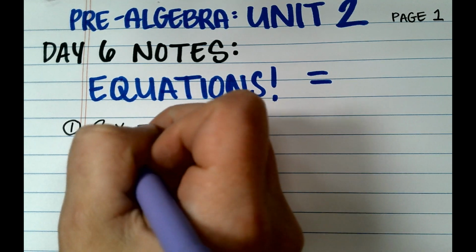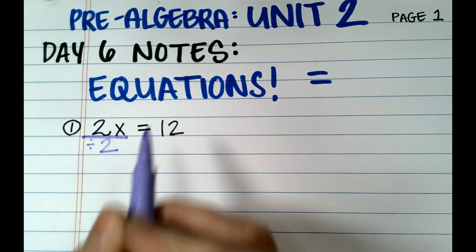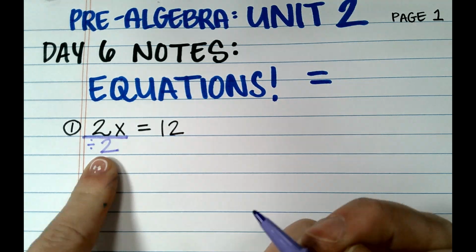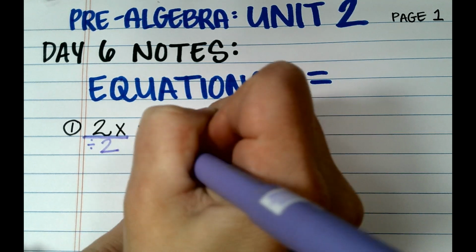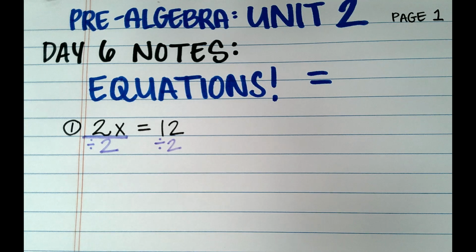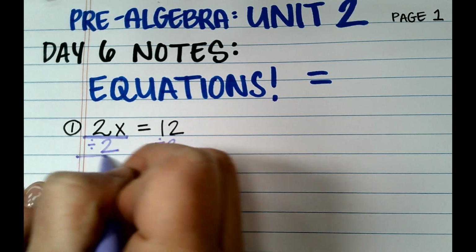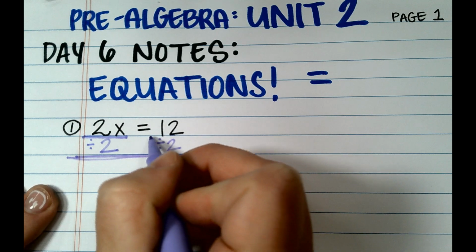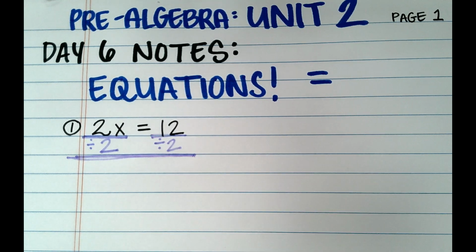If you guys recall, we talked about how an equation is kind of like a balance system. If I divide by 2 on one side, I've got to do it to the other side or else they're not balanced. So if I divide by 2 here, I need to do it here as well. Divide by 2. And after I write what I'm about to do, we draw a big line underneath.